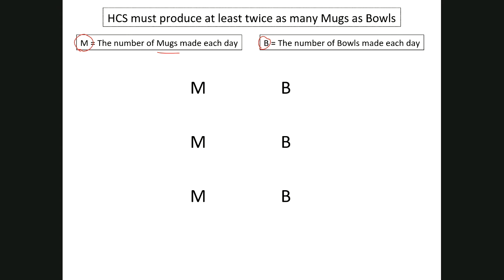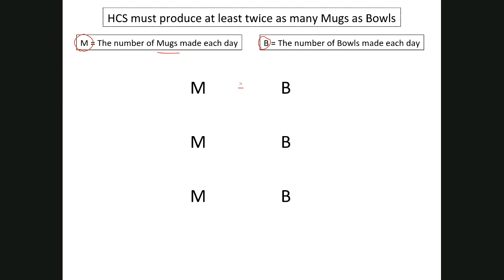And we know that the mugs has to be greater than, and I'm just going to write greater than, and of course we'll know that anytime I write greater than, that includes the equal to. So the number of mugs has to be greater than or equal to the number of bowls.